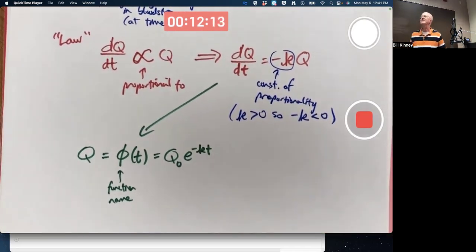Where q sub 0, the q naught, has got to be the same as the dosage, or at least it would be if we assume, for simplicity's sake, that when you take that pill, it's in your bloodstream instantaneously. Of course, that's not true. You got to swallow it. Your stomach has to digest it. It's got to get into your small intestine before it gets into your bloodstream.